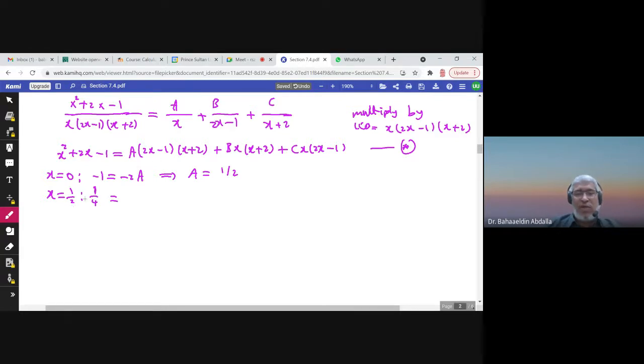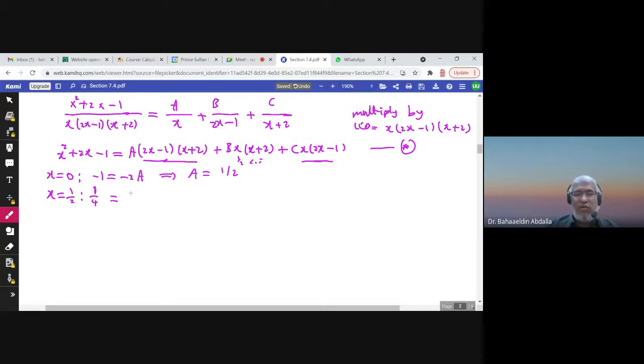Now here, if I replace x by half, 2x minus 1 would be 0. So this term would be cancelled. The first term would be cancelled. The last term, also 2x minus 1, if I replace x by half here, this would be cancelled. And I'll have only this term. So replace x by half: half plus 2 is 2.5. Multiply 2.5 times half, you get 1.25 or 5 over 4.